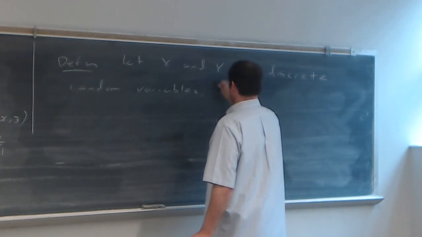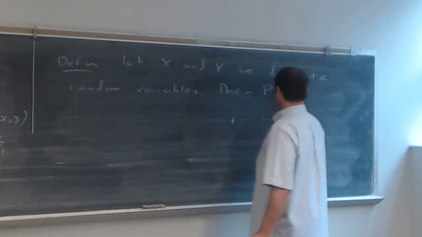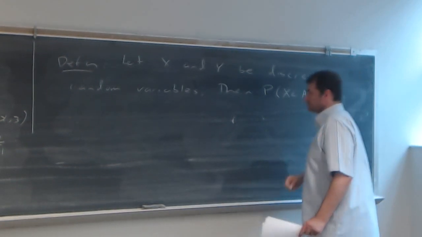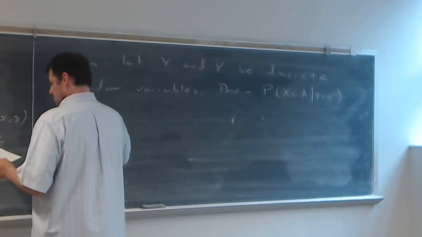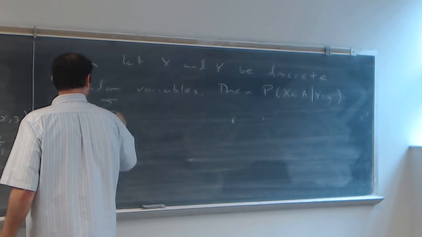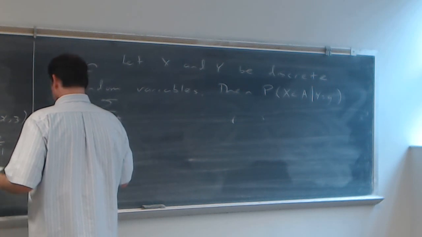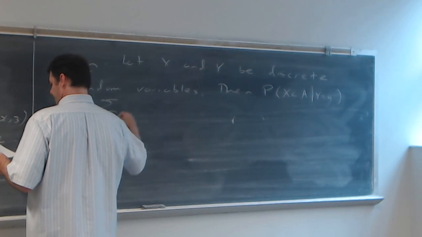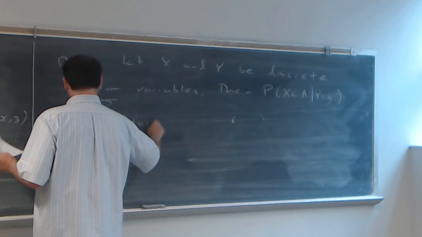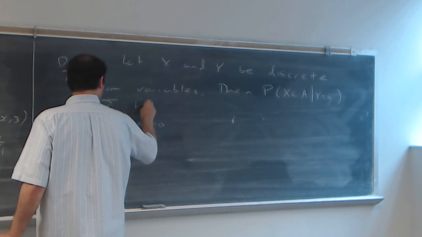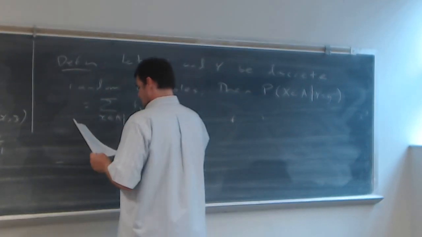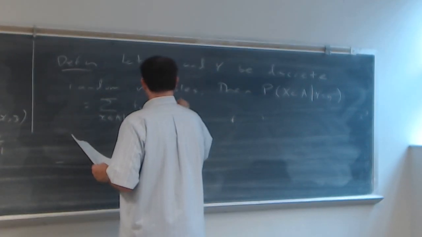Then the probability that x is an element of A given that y equals y is equal to the sum over all x values in A such that f of x is greater than 0 of f sub x given y of x given y.